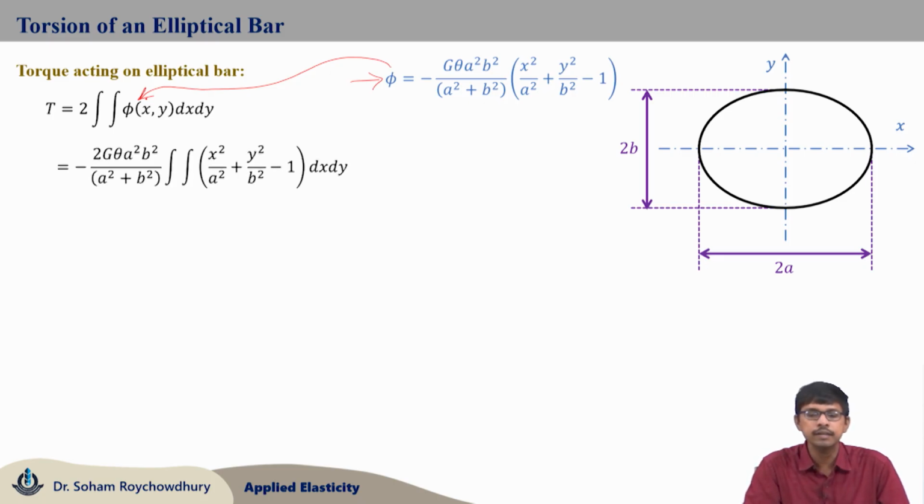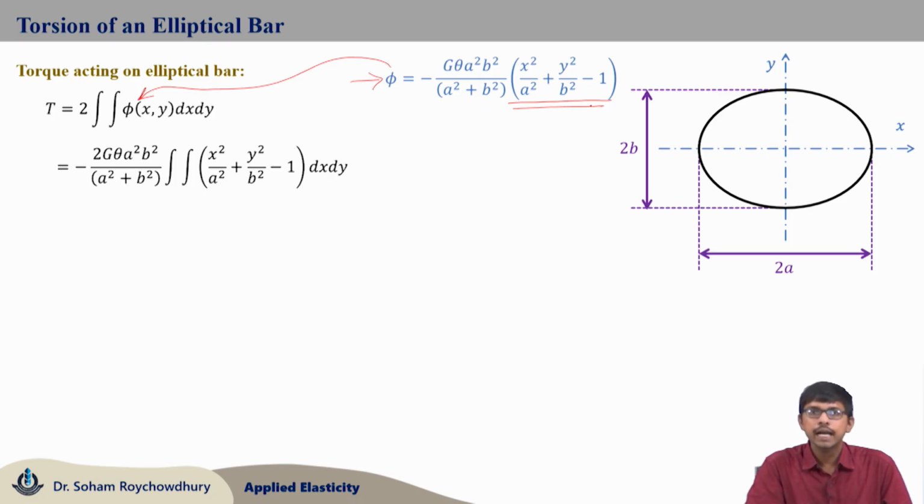So, substituting this phi in the integration for T and keeping the constant term, minus G theta a square b square by a square plus b square, out of the integral, we will have 2 times that constant, then the area integral of only this part, which is a function of x and y. So, the area integral of x square by a square plus y square by b square minus 1. This is nothing but the equation of ellipse.